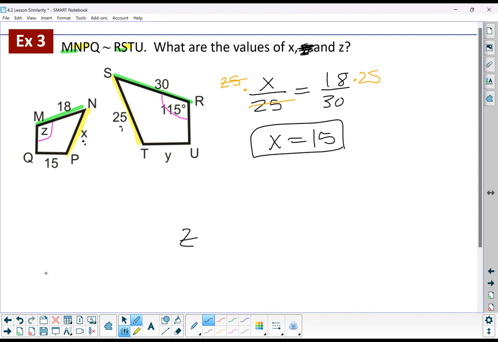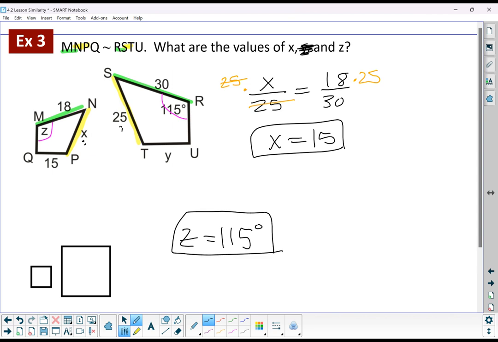Think about two little squares. They are similar to each other, but their angles are 90 degrees. Their angles do not change. So if we want to know the measure of angle z, we just have to look at that corresponding angle in the other quadrilateral. So z is equal to 115 degrees.